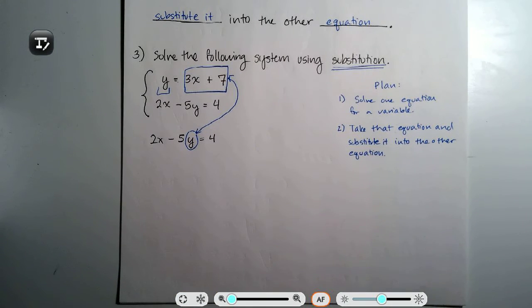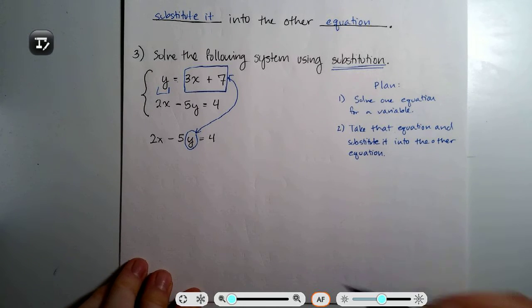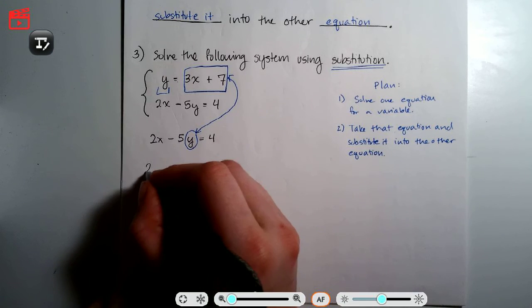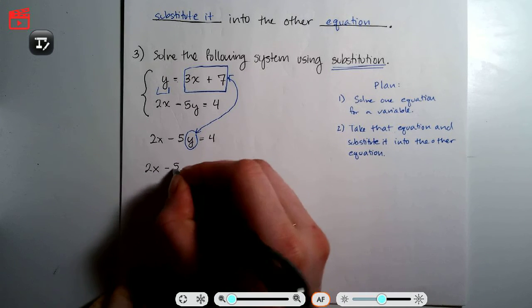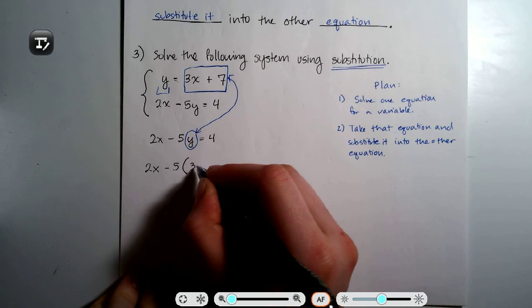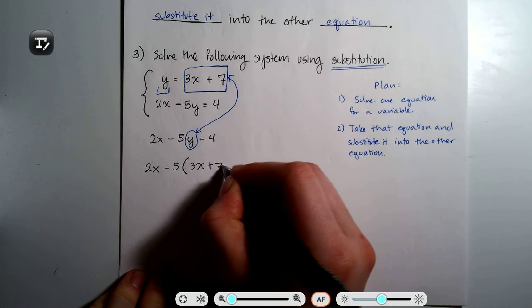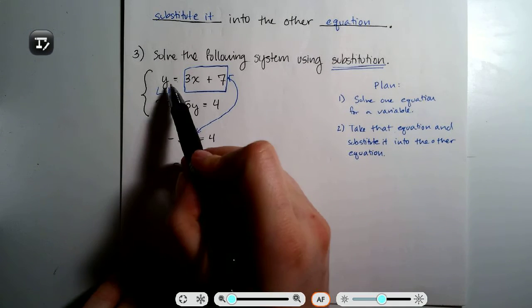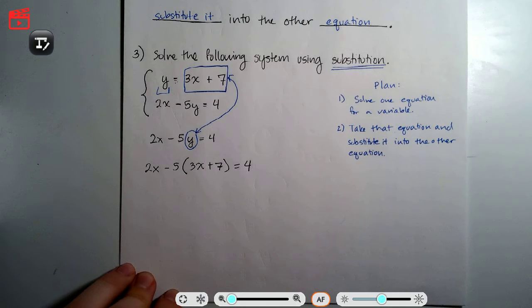I'll take out y and replace, or substitute, it with 3x plus 7. Notice this is 5 times 3x plus 7, so when I replace it, I need to use my multiplication symbol or the parentheses so that the multiplication is still there. So notice I have swapped out, or substituted, y with what it was equal to, 3x plus 7.